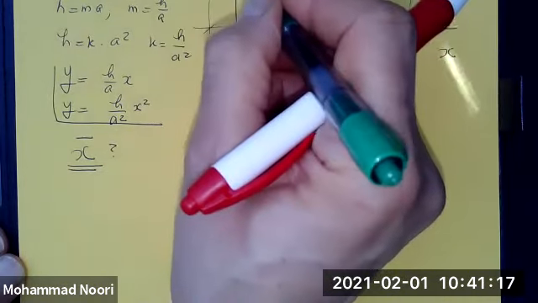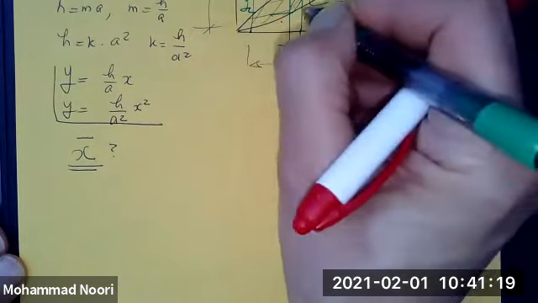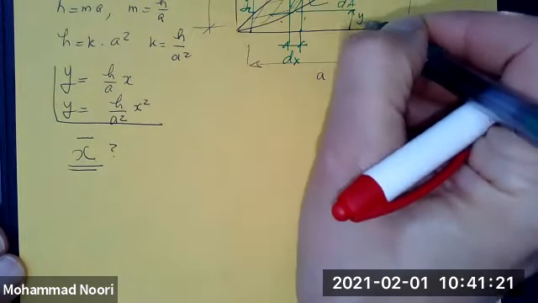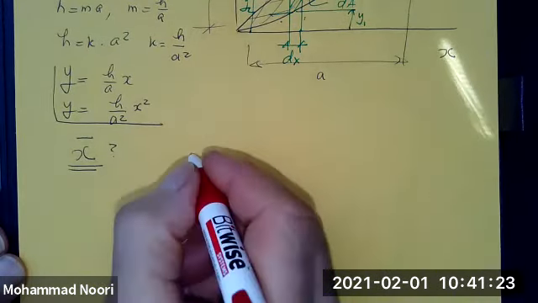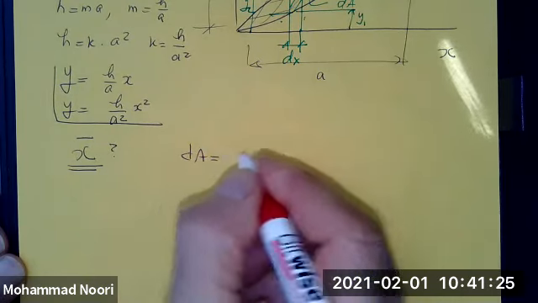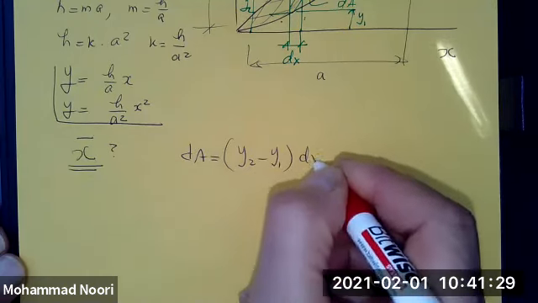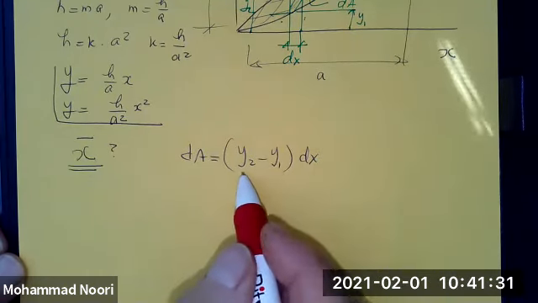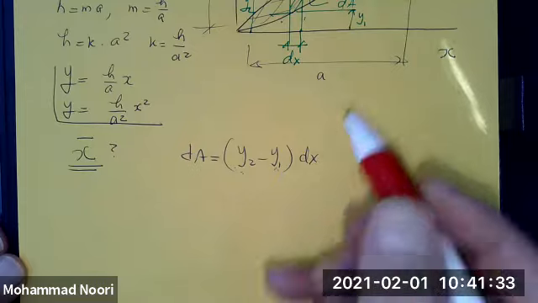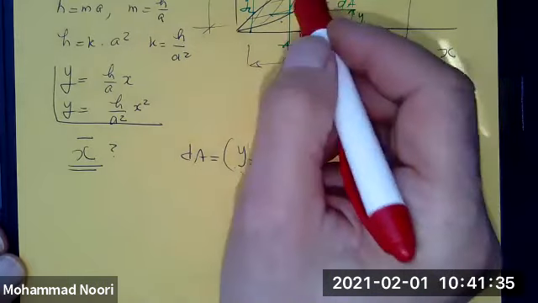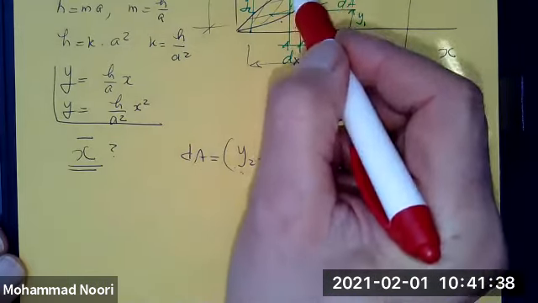If I call this y2, this y1, I set up dA, which is y2 minus y1 times dx. And then substitute for y1 and y2 from the given functions. What is y2?